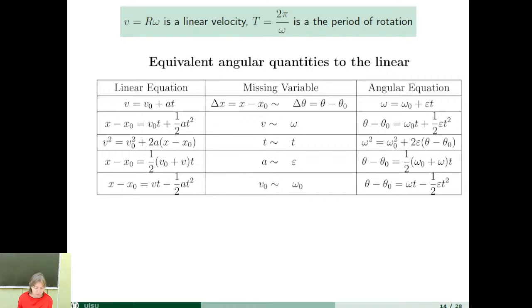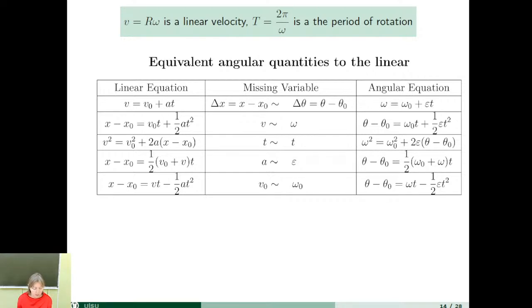We often need to relate the linear variables s, v, and a, the displacement, velocity, and acceleration of particular points in a rotating body, to the angular variables. Theta is angle, omega is angular speed, or angular velocity, and epsilon is angular acceleration for that body.